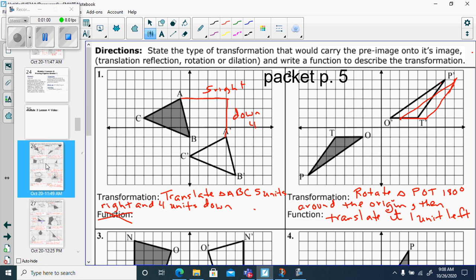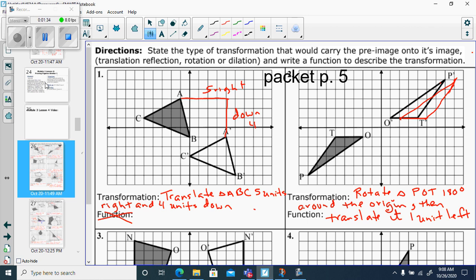Okay? Now, there are some problems here in your packet that we're going to start with. The packet is actually in OnCourse. If you look in OnCourse under Resources, you will see the Module 3 packet, and you can find these things there.